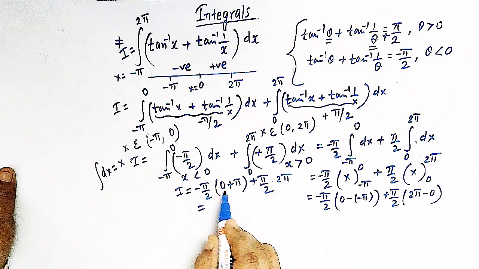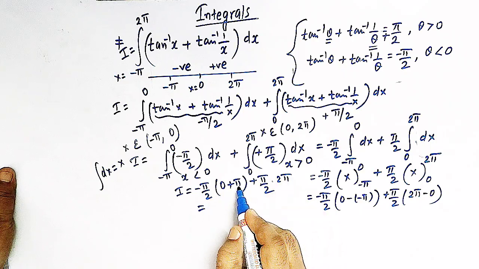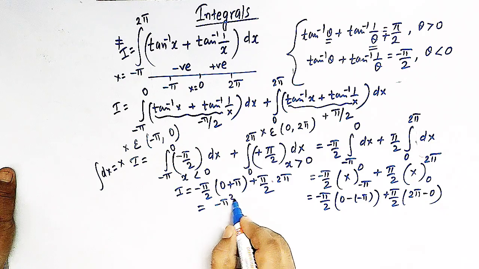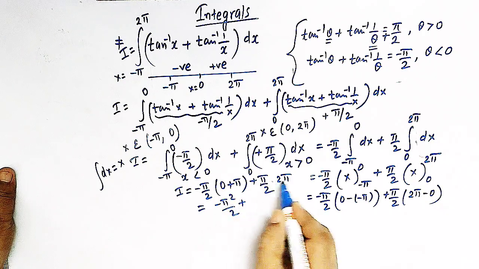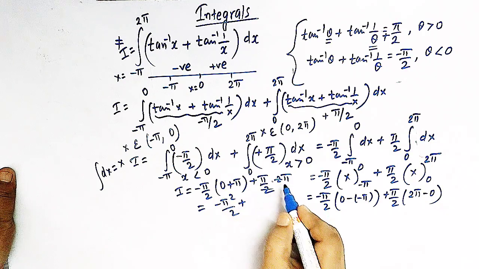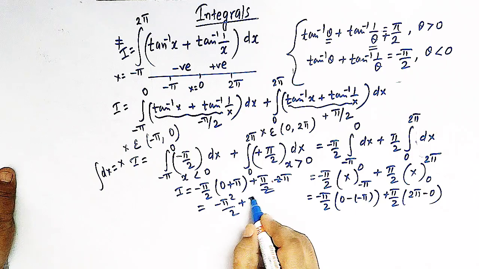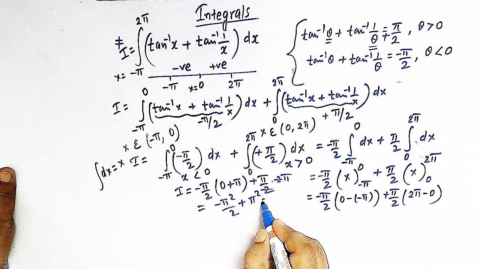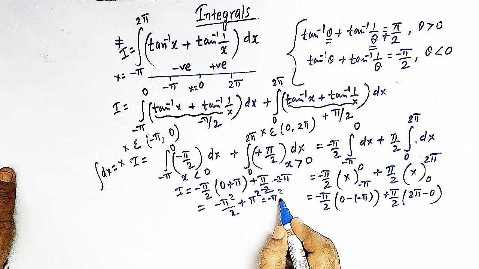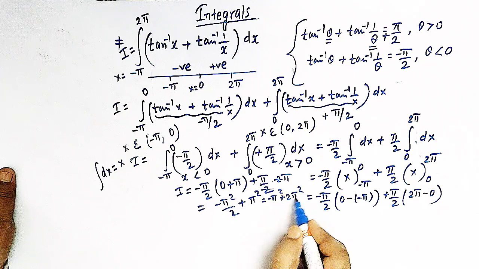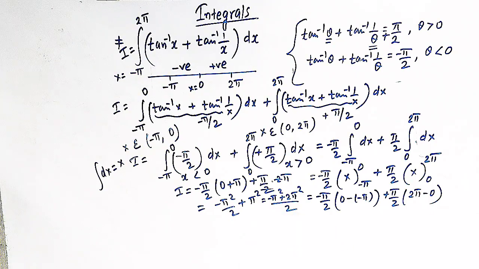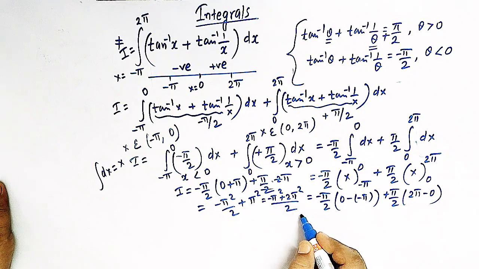So this is minus pi by 2 times pi is minus pi square over 2, and this is 2 and 2 get cancelled, so we are left with pi square, right? So now we have minus pi square plus 2 pi square over 2. So 2 pi square minus pi square is pi square, and here we have 2, right?